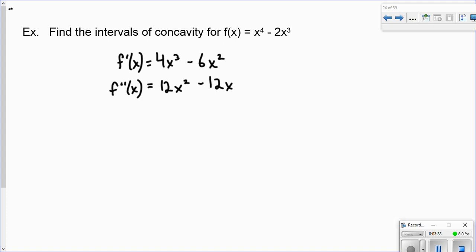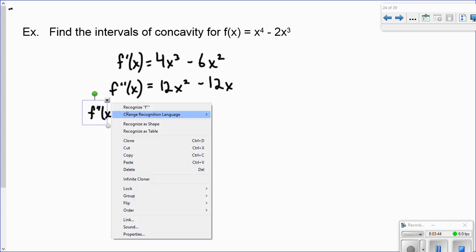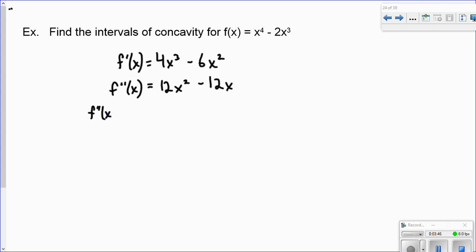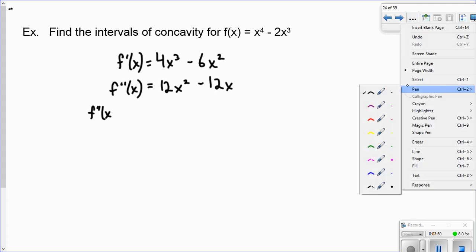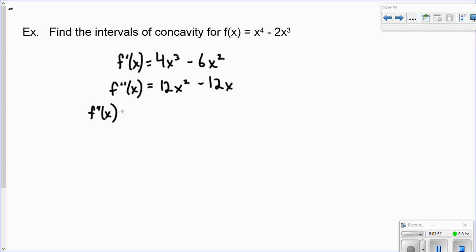Now we're looking for the point of inflection. So we take the second derivative, and we set it equal to 0. That means we take this function, and we set it equal to 0 and solve for x.